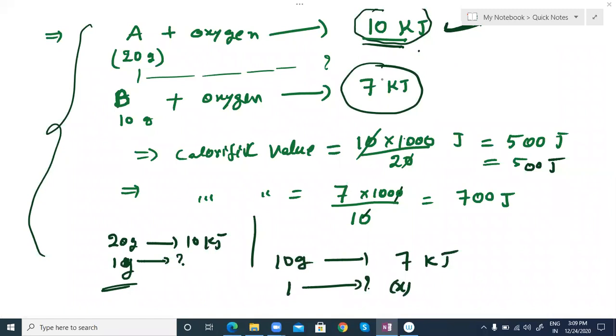Any doubt, please? Alright, Kanish, I think you check that one. Everything is clearly in the NCERT book. All concepts we covered except the third law of thermodynamics. Is it correct?